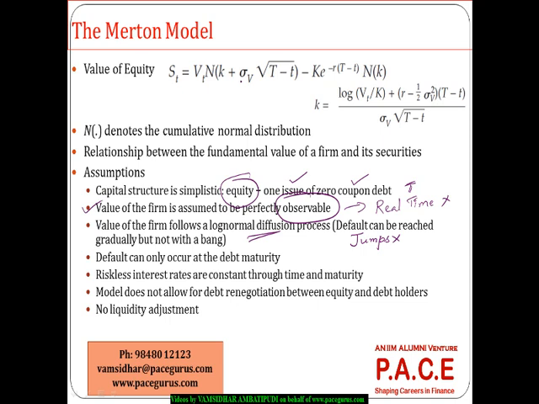But in reality, we are seeing that within no time companies can go into default. This model assumes that companies can go into default only in a gradual manner. And default cannot occur anywhere in the middle. It has to occur only on the date of maturity of the debt, which may or may not be close to reality at all.